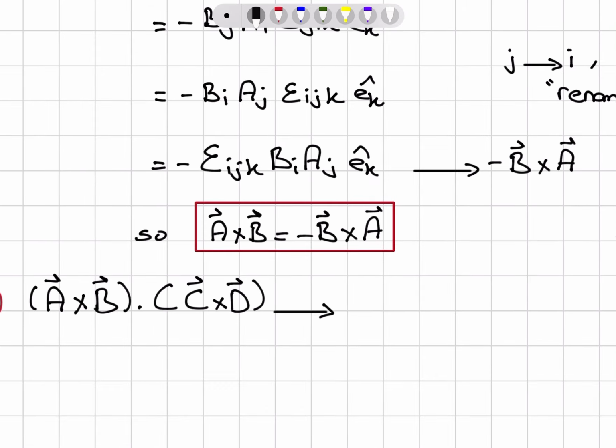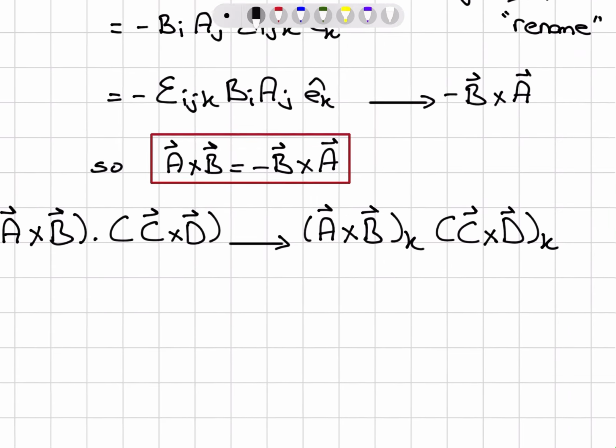This implies that we're taking the kth component of the first vector, which is A cross B, multiplying it with the kth component of the second vector, which is C cross D, and adding over k, where k can take values 1, 2, 3, for example.